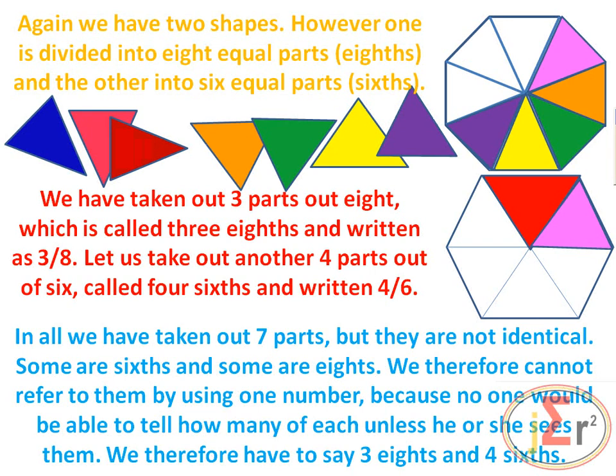That is acceptable because each of them was divided into 8 equal parts. So all of the parts that were added are eighths. There's no difficulty. But on this occasion, one is divided into eighths and the other into sixths. So we cannot go ahead and enlist them by making use of one name or one number.